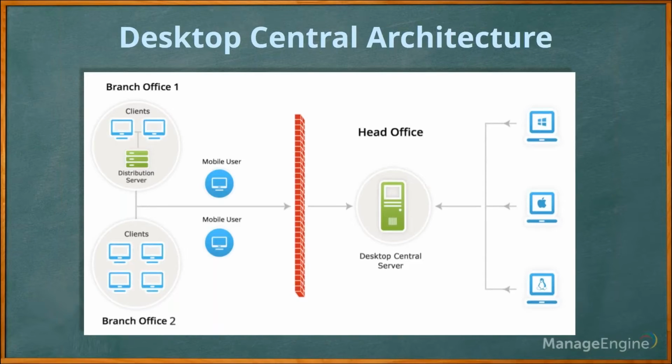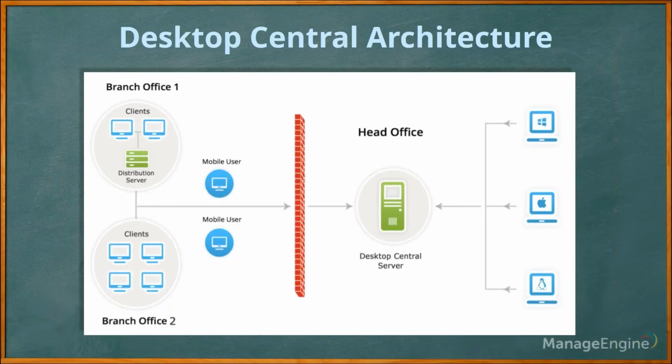So in Desktop Central, we could manage different computer types like desktops, laptops, servers, and Surface devices. And this is going to help you manage machines on the LAN and the WAN as well as the roaming user.